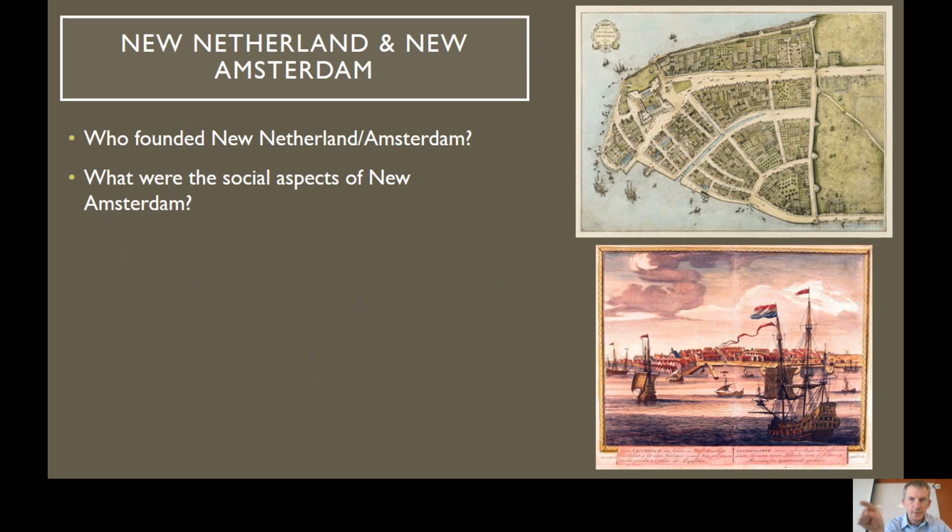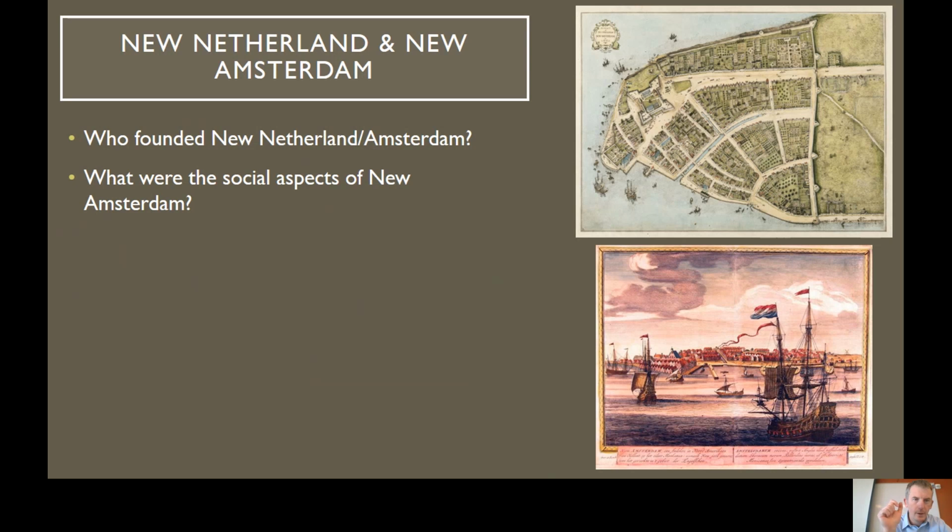Social aspects of New Amsterdam. So this is New York City. It's multilingual, with something like 18 different languages being spoken in New Amsterdam. It's also a center for religious tolerance. The first Jewish synagogue is in New Amsterdam.